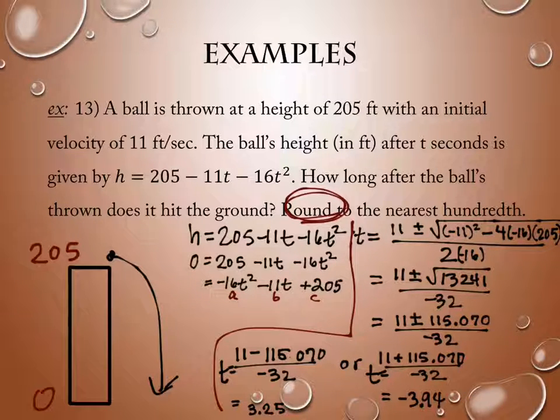No time machines yet, so this one's really not appropriate for the context. 3.25, however, works just fine, and I need units on it, which would be seconds in this problem. So after 3.25 seconds, the ball will hit the ground. Any questions?